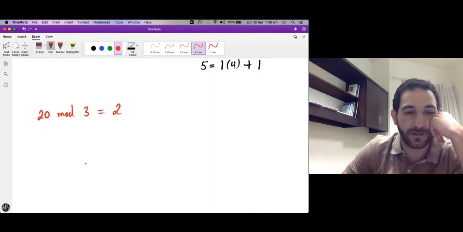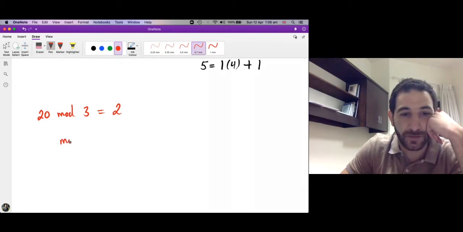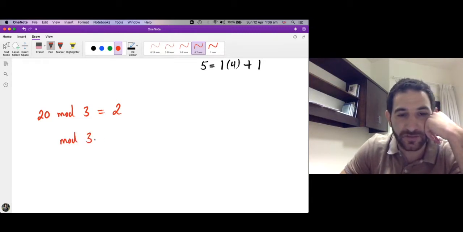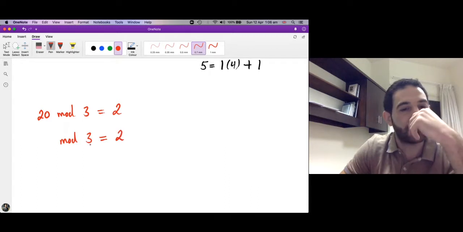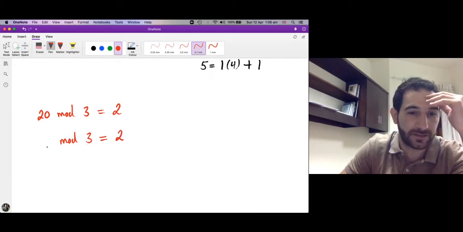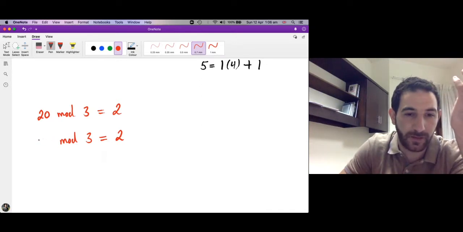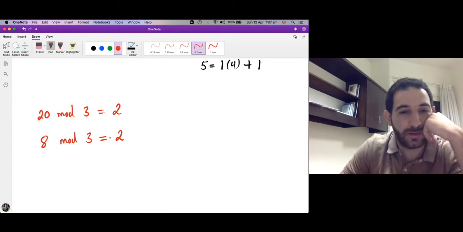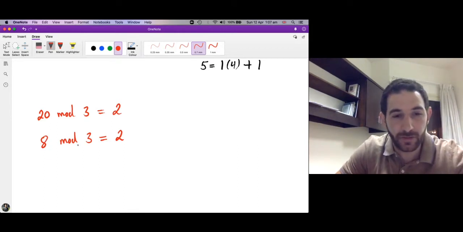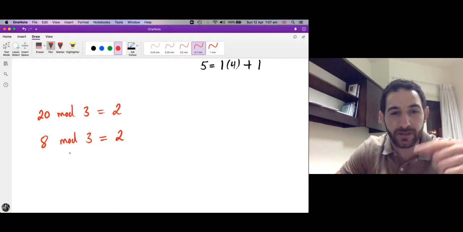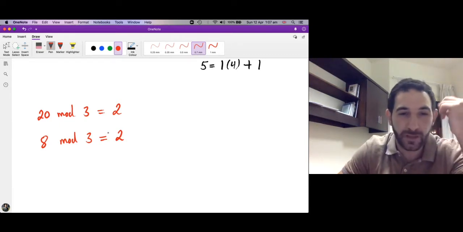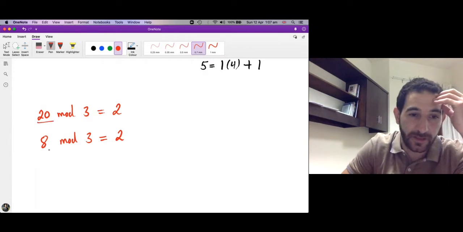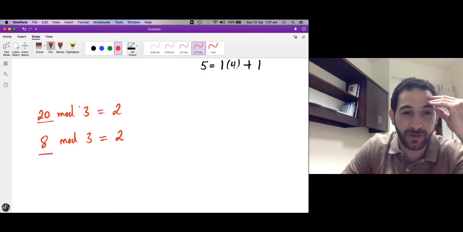Okay, let's take another number which after dividing by 3 also gives 2. For example, look at 8. Right? 8 mod 3 is 2. When we divide 8 by 3, we take 2 steps of length 3, we get to 6, and what remains is 2.